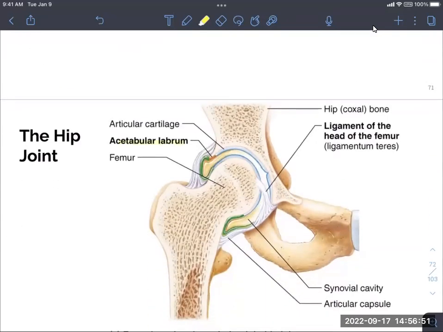So we have that acetabular labrum, that's that part in red. We have the ligaments, or the articular capsule that connects everything together. We also have a ligament of the head of the femur. That actually helps to attach the head of the femur to that hip bone.